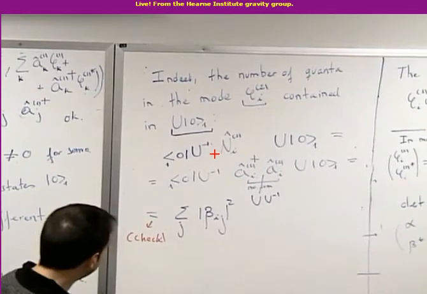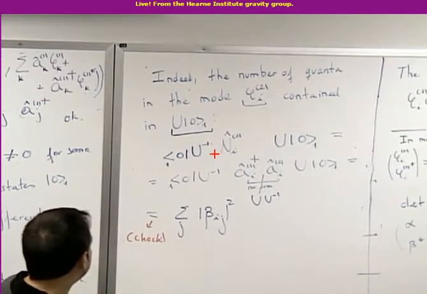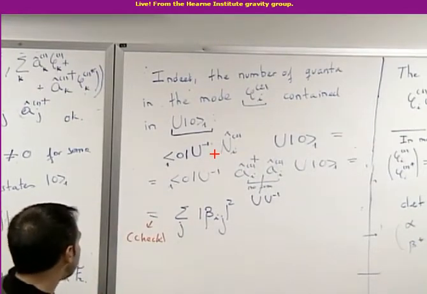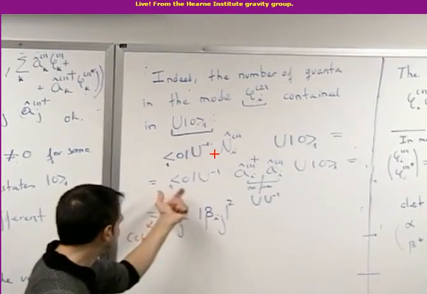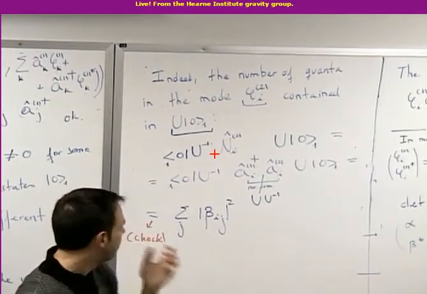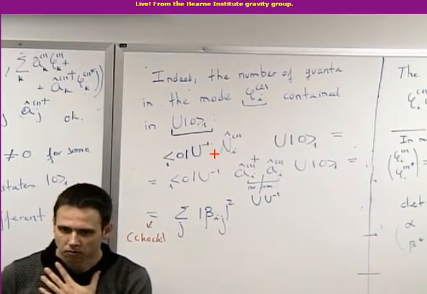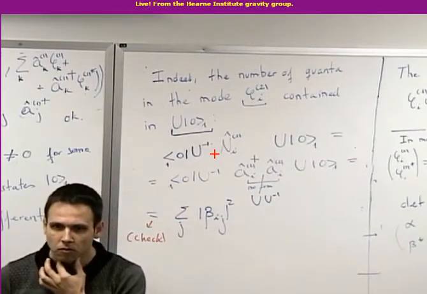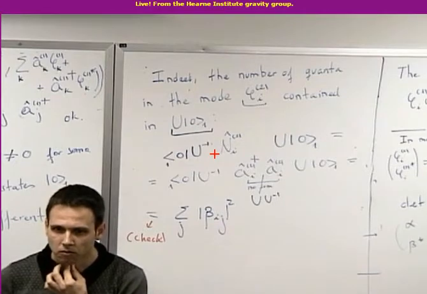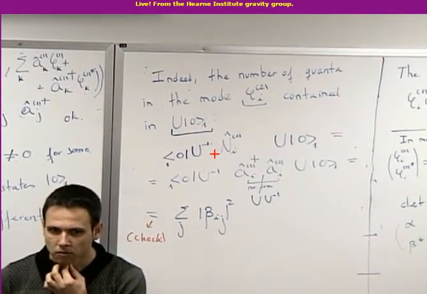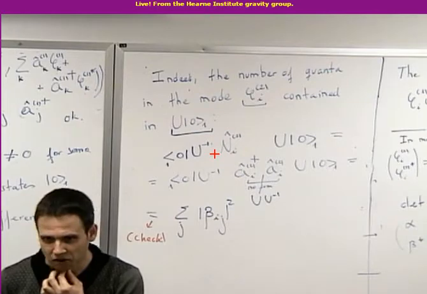So this is good, but this tells us information about how the state 1 looks in the Fock space 2, but just one expectation value. Is the expectation value of the number operator 2 in the vacuum 2 the same as the expectation value of the number operator 1 in the vacuum 1? 0, okay, because they are the vacuum.